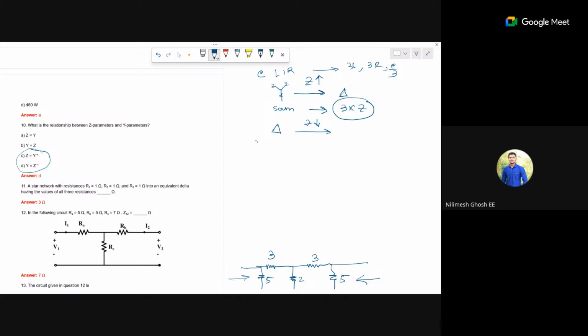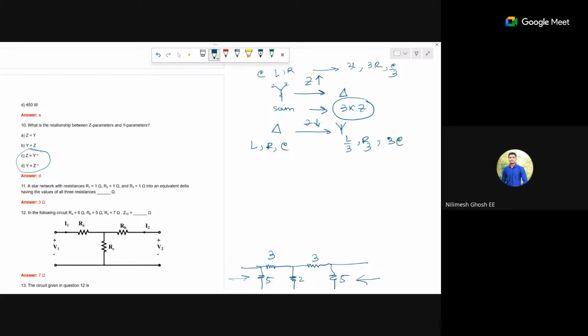Similarly, if it is 3R, 3L and 3C, converting delta to star it will be L by 3, R by 3 and 3C.